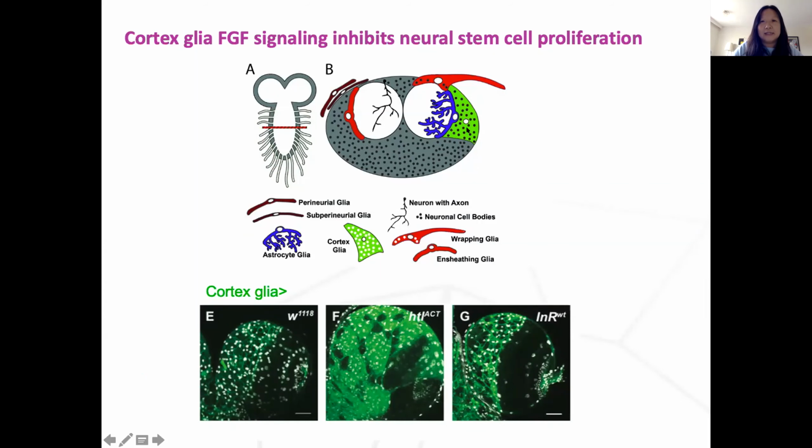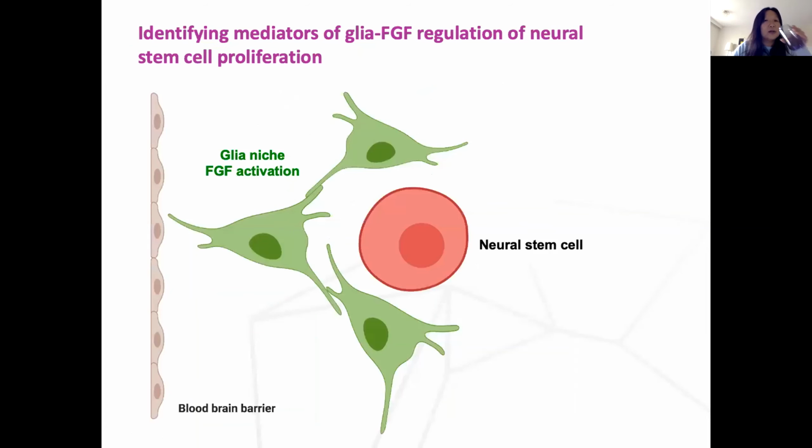There are really many different subtypes of glia cells. Some of them form the blood-brain barrier, but the cortex glia cells here in green really surround the neural stem cells and are the immediate microenvironment that surrounds them. So it is only by increasing this subset of cortex glia cells that you can see an effect on neuroblast cell cycle progression.